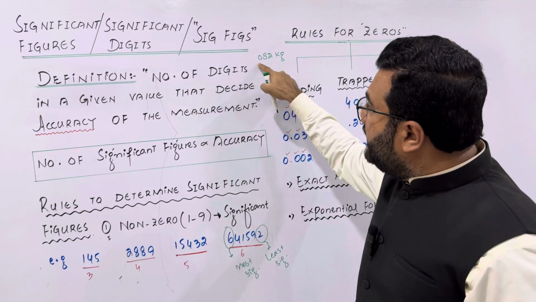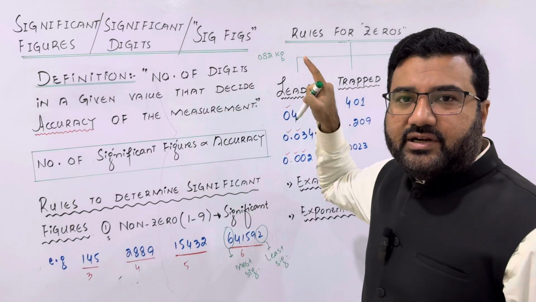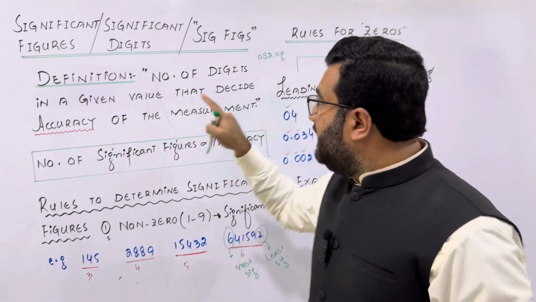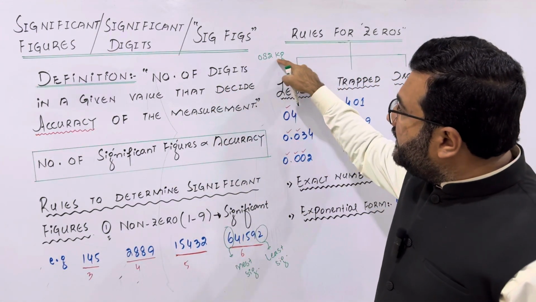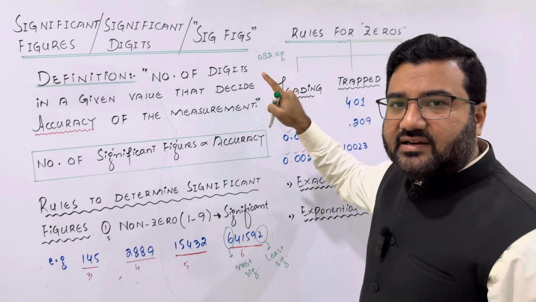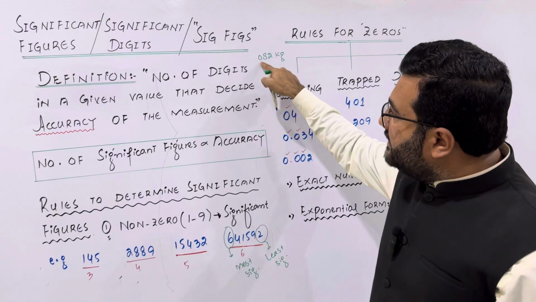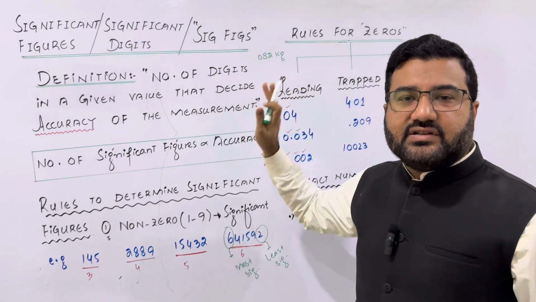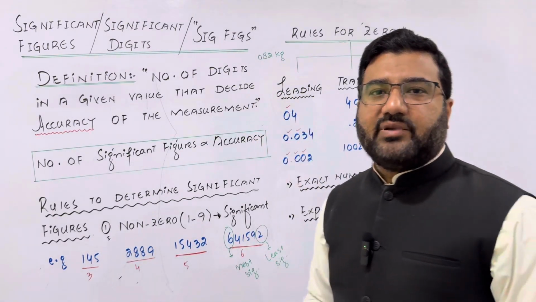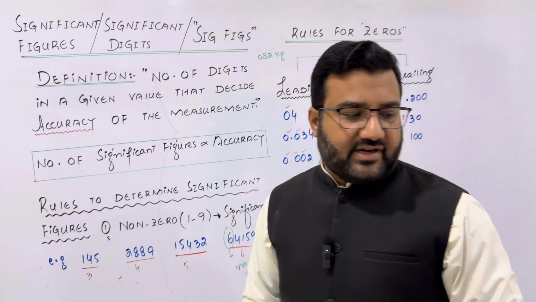Will this zero make any difference to this value 82? By placing this zero, will weight increase or decrease? You will say that there will be no difference on the weight. It means that this zero is not making any difference to this value. So that zero will be considered as the insignificant zero.